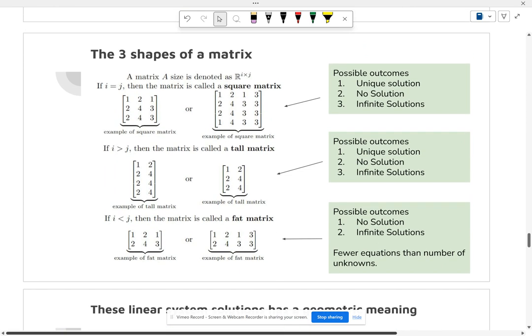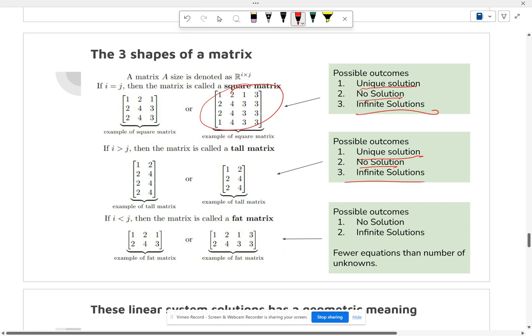Now, we have three shapes of a matrix. Remember: square, tall, fat. Depending on the size, if you have a square matrix, it is possible to have a unique solution, no solution, or infinite solutions. Similarly, if you have a tall matrix.